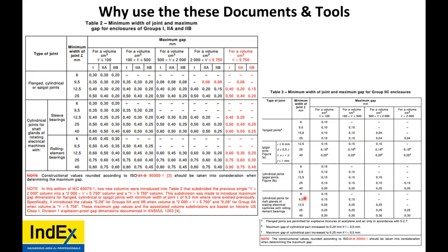Is there a permissible scratch depth? No, but there's a permissible gap here. So if the permissible gap for your device is, let's say, 0.2 millimeters, but your box actually has a gap of only 0.1, perhaps if you had a scratch that only went another 0.1, would that be okay according to the standard?